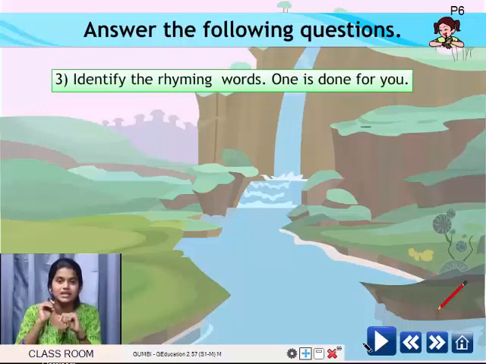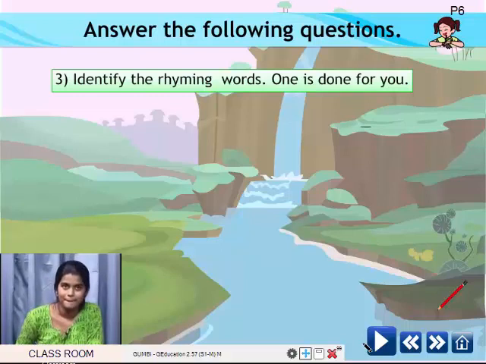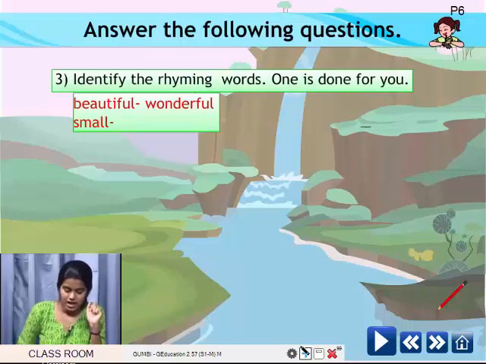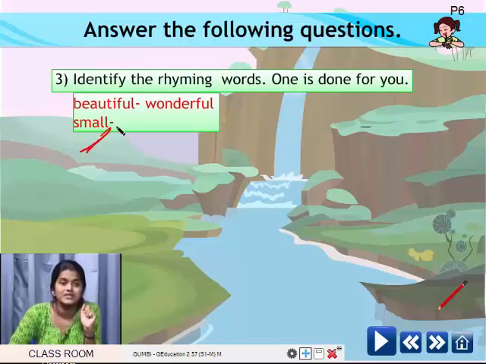So now tell me which are the rhyming words that appeared in that particular poem. You wrote them down, no? Yes. Tell me the words. How many words do you get? Beautiful. Wonderful, yes. One is done for you here. Let's check your answer now. One is beautiful, wonderful. So this is given. Small, which is the rhyming word for small?